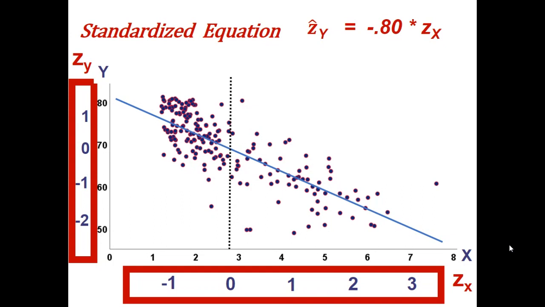In other words, this line is at the mean of the z of x, and of course it's at the mean of x. Okay? Next, I draw a horizontal line where the z of y is equal to 0. So this line is at the mean of the z of y and at the mean of y. Finally, I draw a dot, a green dot, where the 2 lines cross. Now, what is the name of this dot?